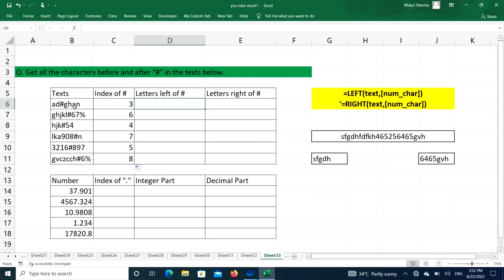Be careful guys. Now look here. Before the hashtag, it contains only 2 letters, and here in this case, it contains 5 letters. That means whatever is the index of the hashtag here, -1 would be the number of letters on the left side of the hashtag.